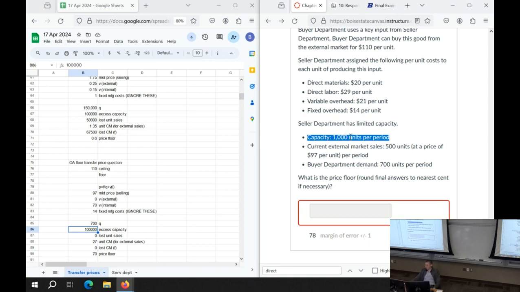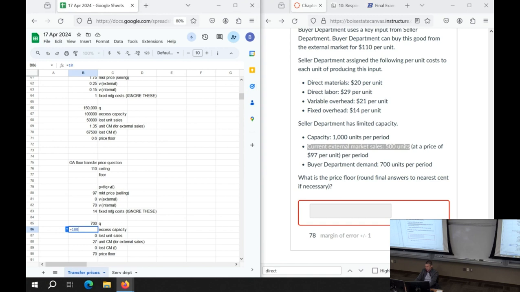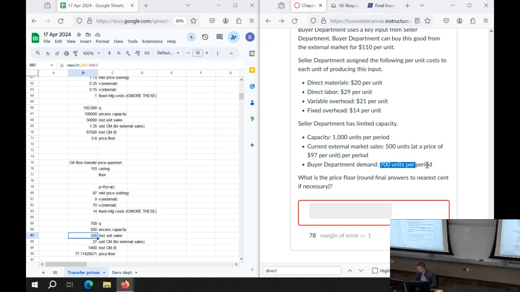So the total capacity is 1,000 units, and the external market wants 500 units, and that's their demand. So the excess capacity is going to be the difference between those two: the 1,000 total capacity minus the 500 units taken up by external market sales. So we have excess capacity of 500 units, which means that to fill our buyer demand of 700 units, we're going to have to kick out 200 units worth of these customers, which is what it says right down here in this cell.